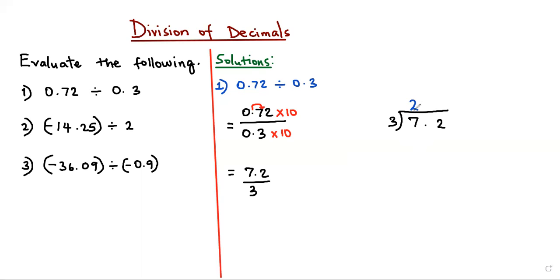Now we get 2 times 3 to get 6. Is it okay? Okay. Now we get 7 minus 6. What do we get? We get 1. Okay.